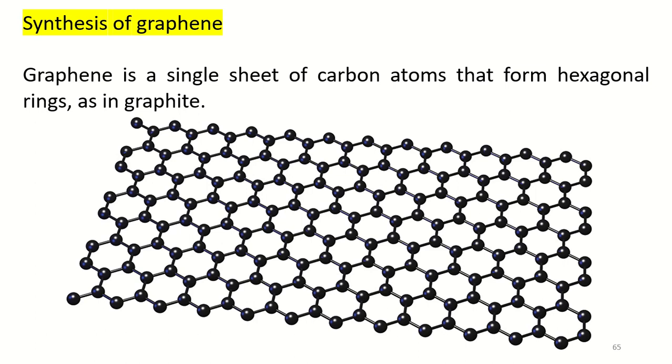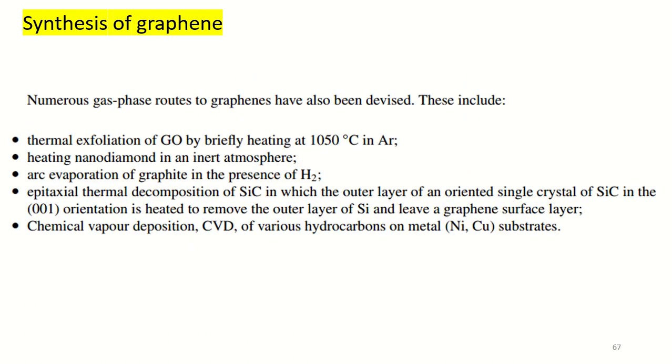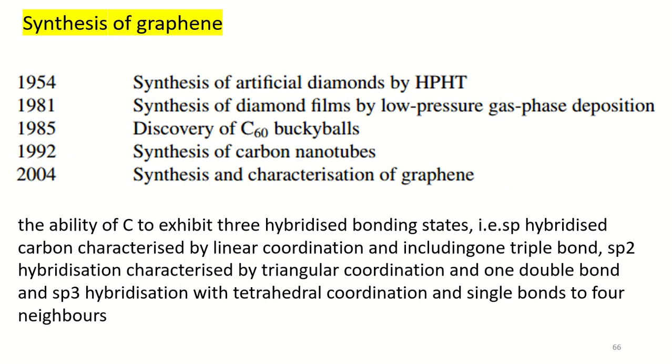This is an ongoing topic of research, to establish routes for preparing high quality graphenes which are free from impurities and which are either single layer graphene or graphenes with a controlled number of layers. And this is very important to get a single sheet of graphene, which would be two-dimensional in nature.